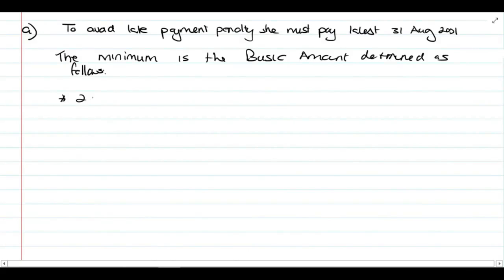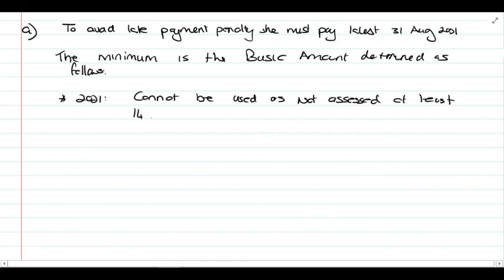So we'll say 2021 cannot be used as not assessed at least 14 days before payment date, or 31 August 2021.